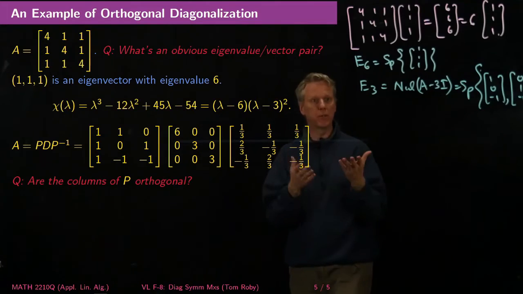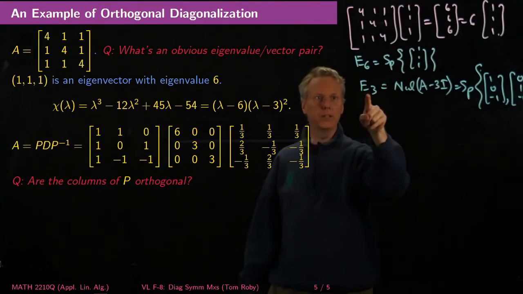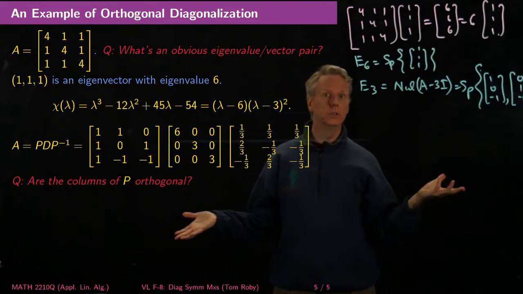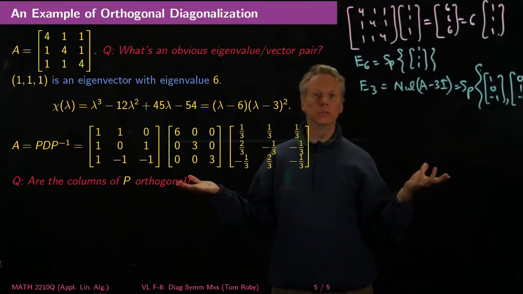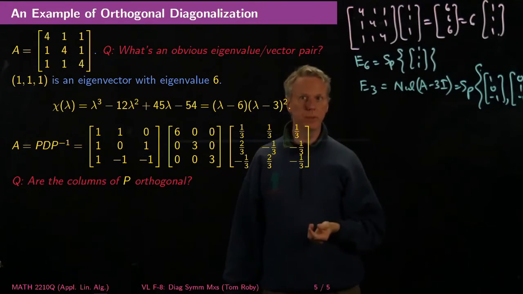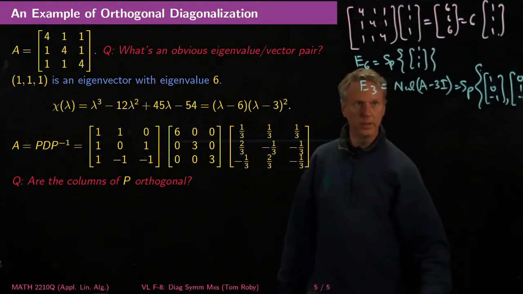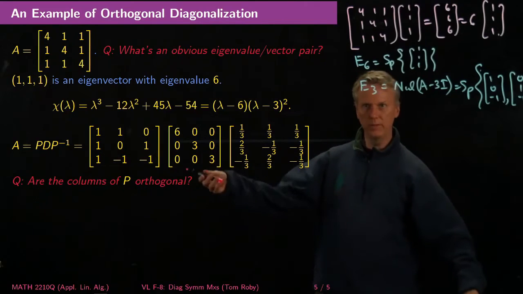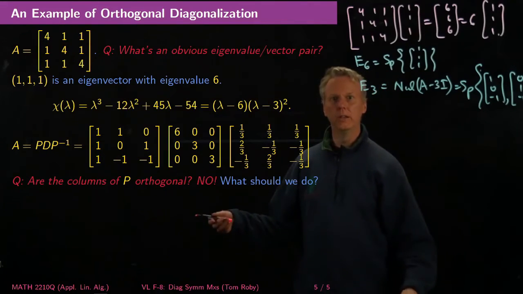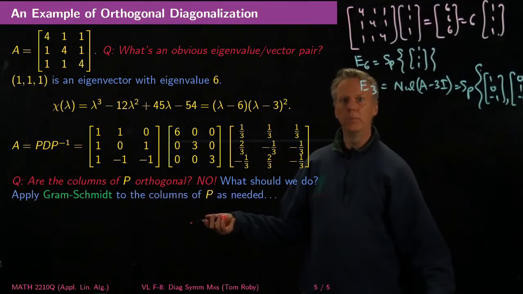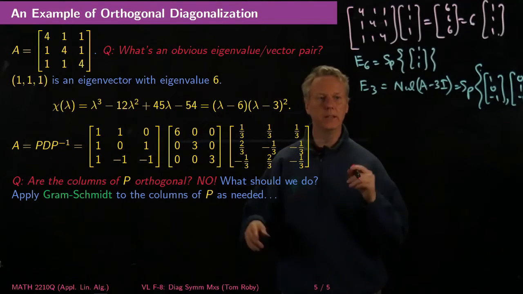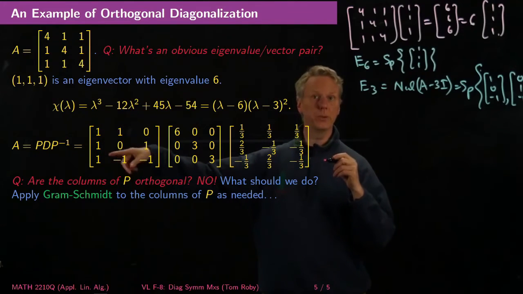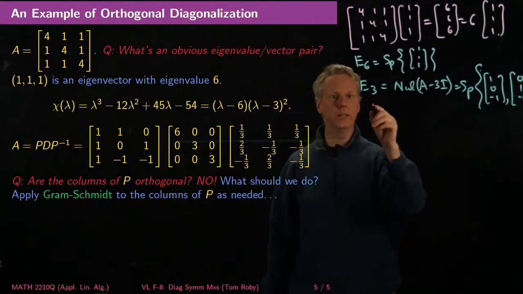If we've got a basis for a space like E3, the eigenspace corresponding to 3, and it's not orthogonal, we fix it using Gram-Schmidt. So you check that the columns of P are not orthogonal. Now what should we do? Apply Gram-Schmidt to the columns of P as needed. This first one is already orthogonal to everything, so we don't need to worry about it. It's just these two that we need to deal with.